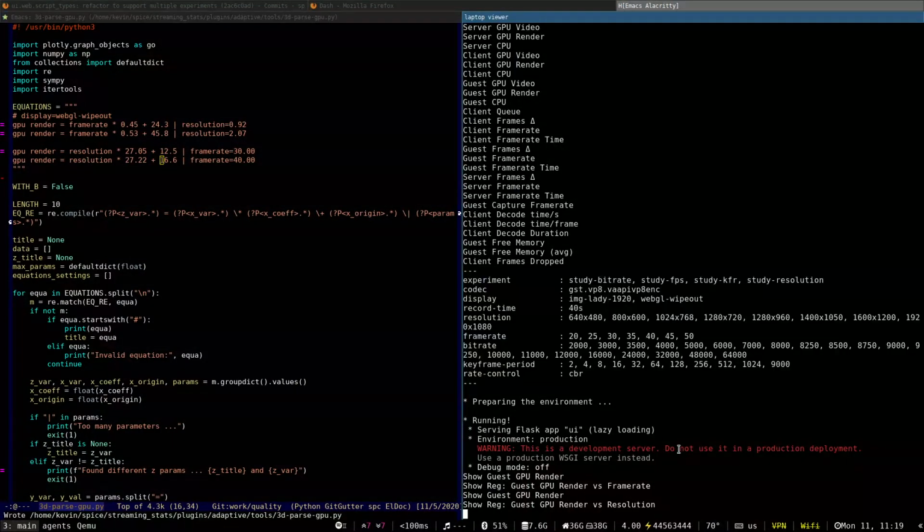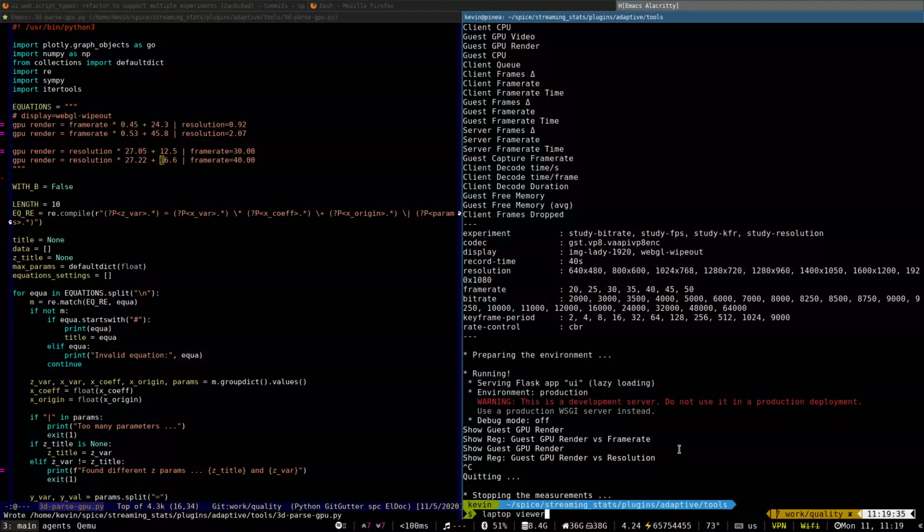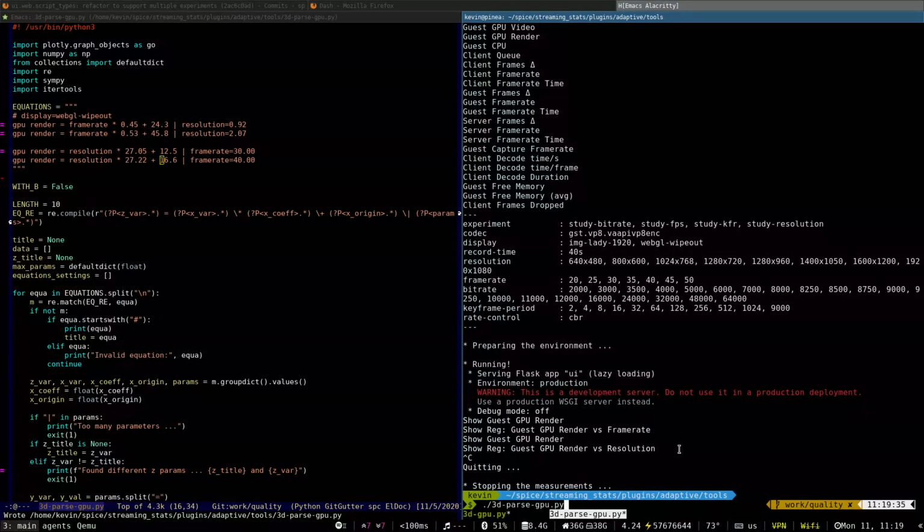So I can kill this one, and I can run the solver.